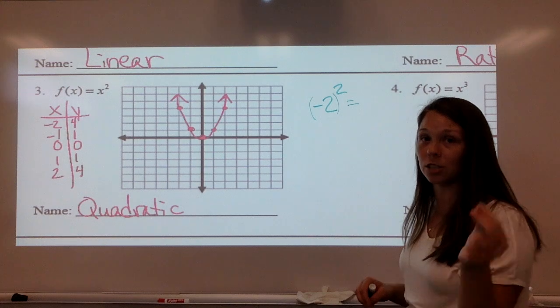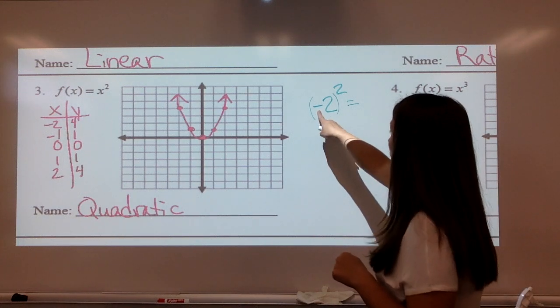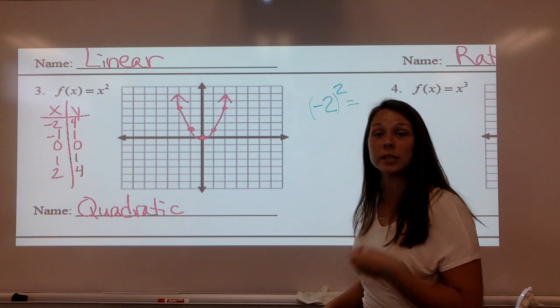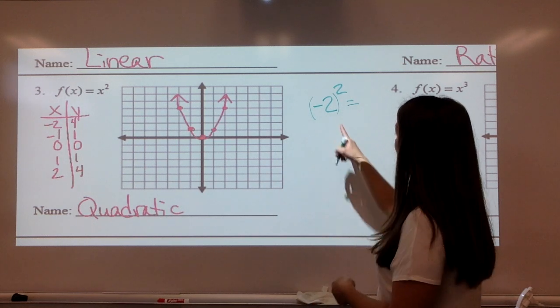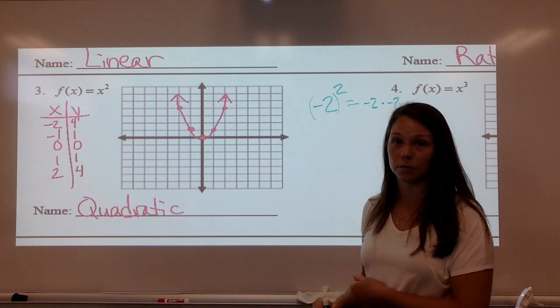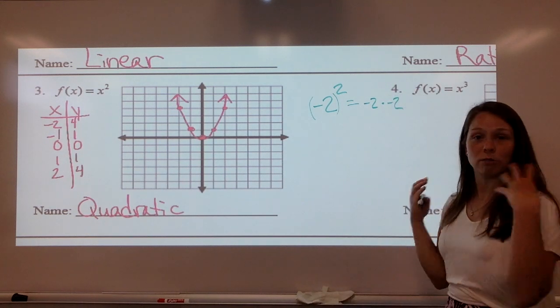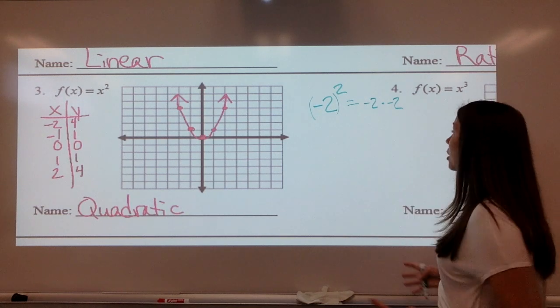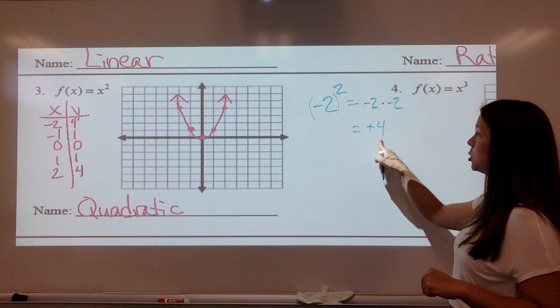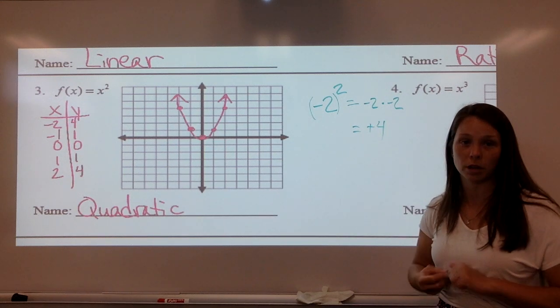Because there's a negative attached, that's why you have to be careful with your parentheses here if you're just going to type everything in. So again, squaring something means you're multiplying it by itself, which means we want to take -2 and multiply it by -2. And as we've been doing for years, we know that a negative times a negative is a positive number, and 2 times 2 is 4, so we get a +4 here.